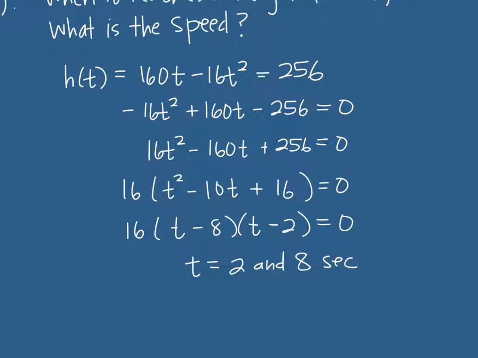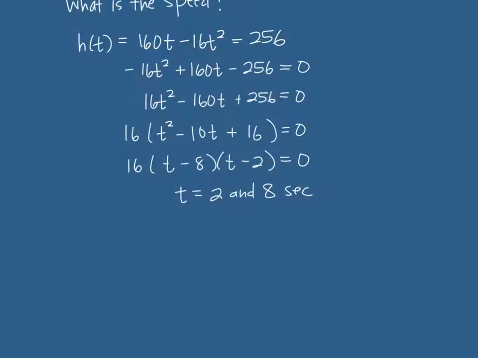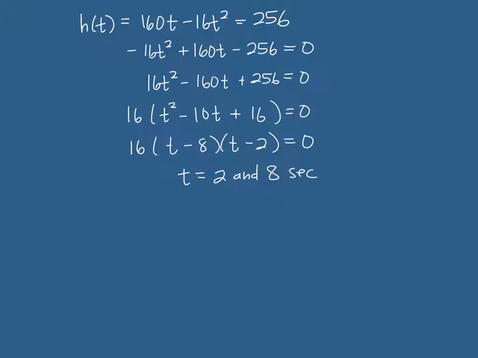That's the when. Why are there two answers to when? Because when does it reach the height of 256? Once on the way up and once on the way down. Now I need to answer what is the speed. The speed is going to be the absolute value of the velocity. So I want the velocity at 2 with absolute value around it, and the velocity at 8 with absolute value around it.